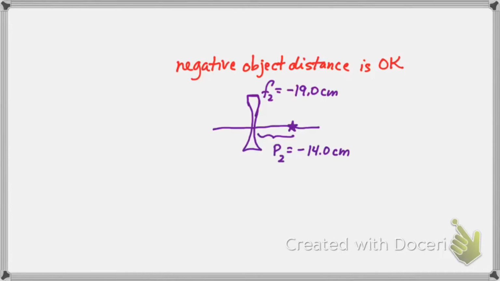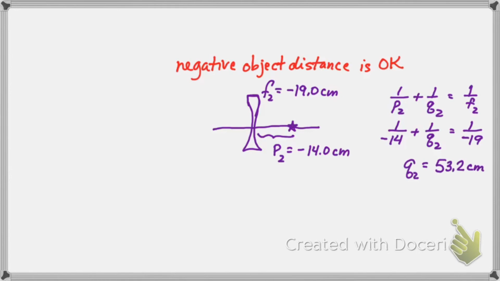So I'm going to draw my second lens. I switched pages, so I had to redraw my picture. I know where my object for this second lens is located. Going to go back to that same formula, plug in the -14 and the focal length, which is -19. And I get a positive image location. Positive image is on the right also.